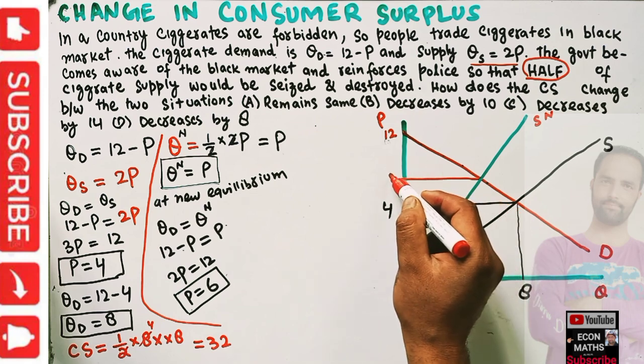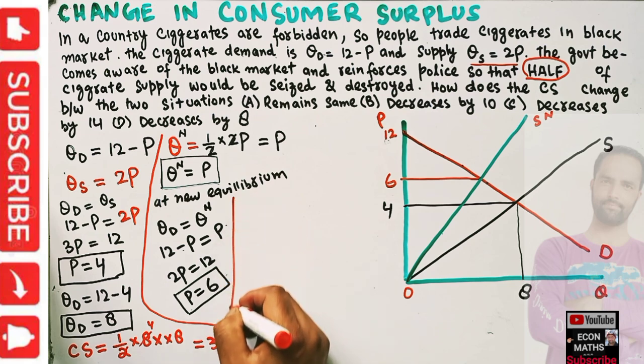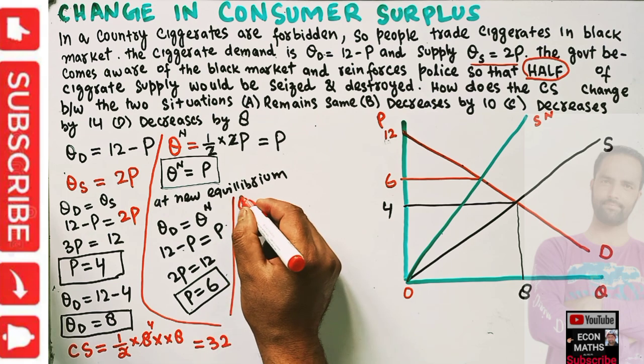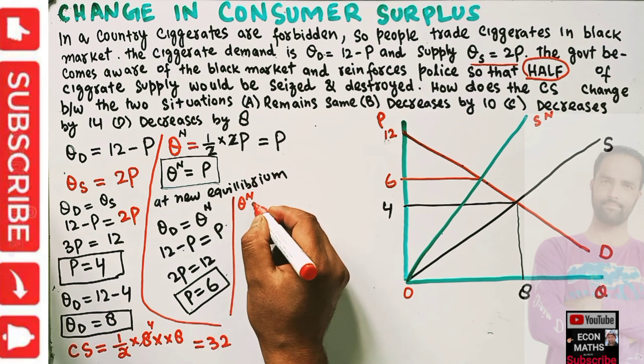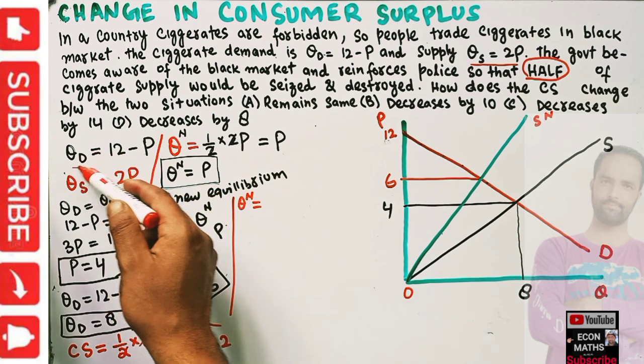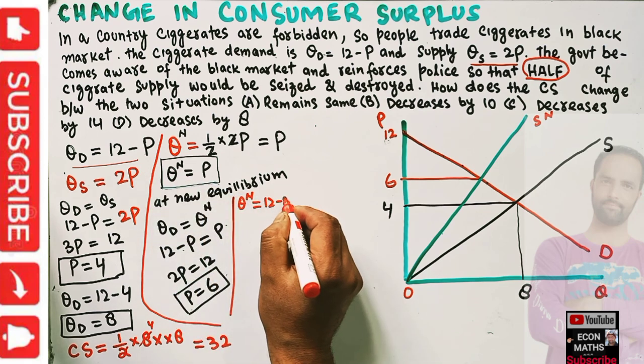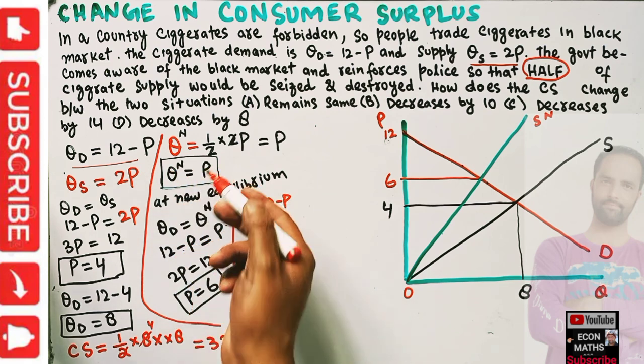So price will increase obviously when supply is less this time and demand is more, so price will automatically increase. Now corresponding to this, what will be our new equilibrium quantity? So this is our quantity demanded, so just plug p is equal to 6 here, 12 minus p.